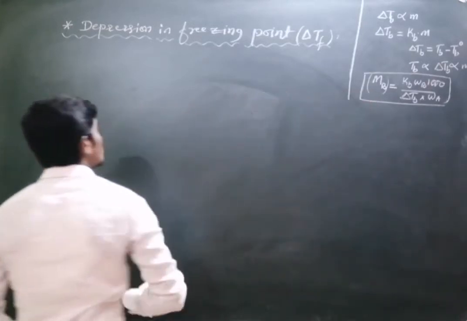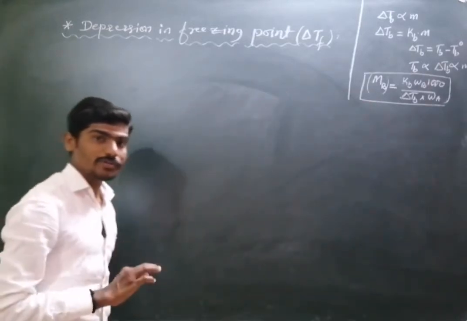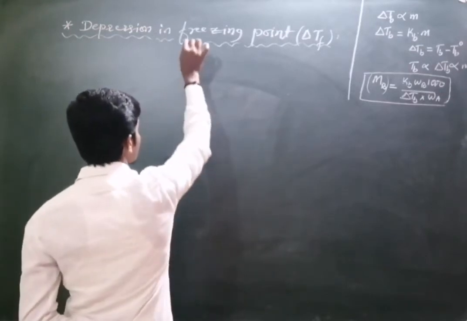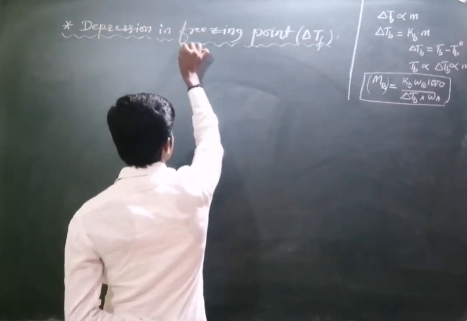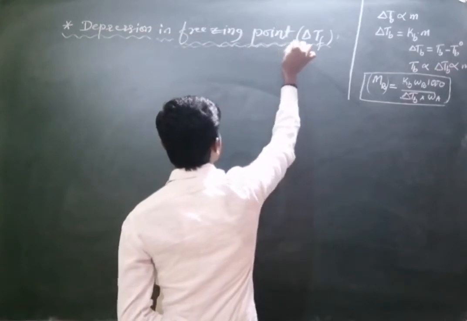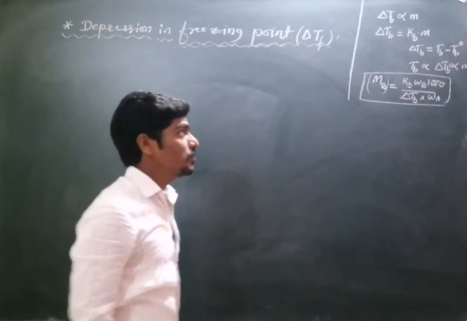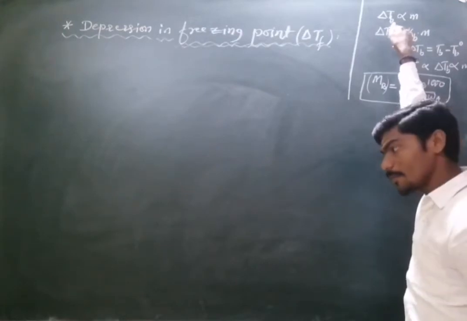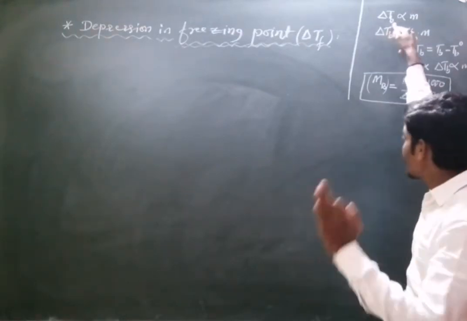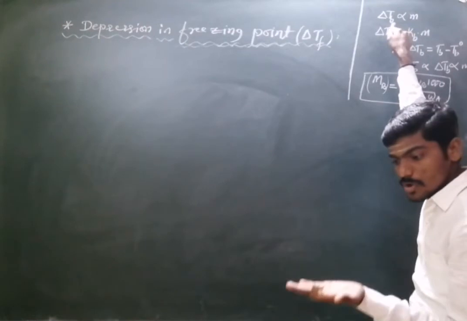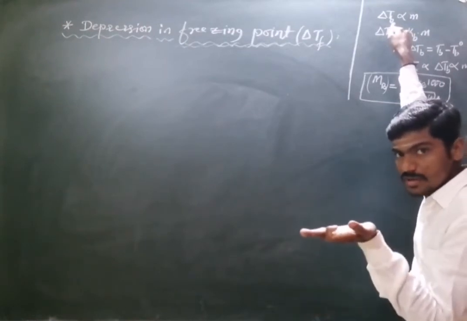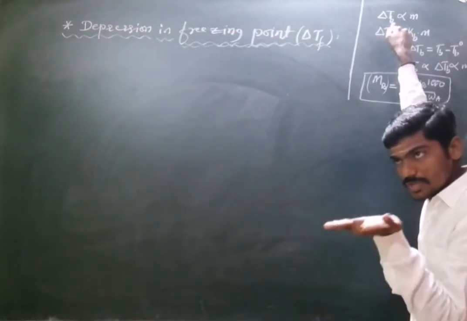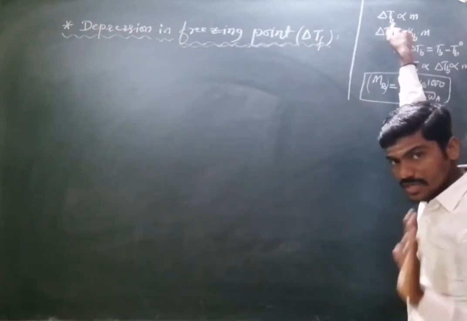Now similar to that, the first point we need to discuss is what is meant by the freezing point. What is the definition of the freezing point? In the last case we defined the boiling point. Boiling point is the temperature at which the vapor pressure of a solution becomes equal to atmospheric pressure.